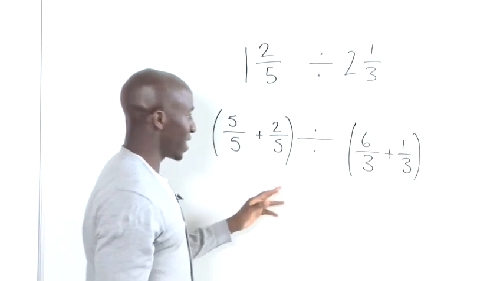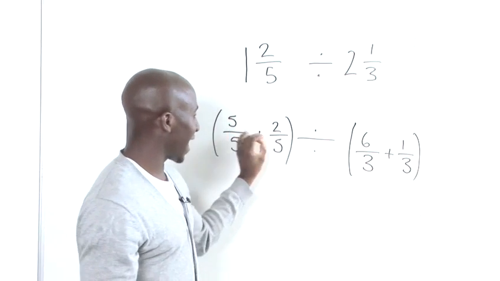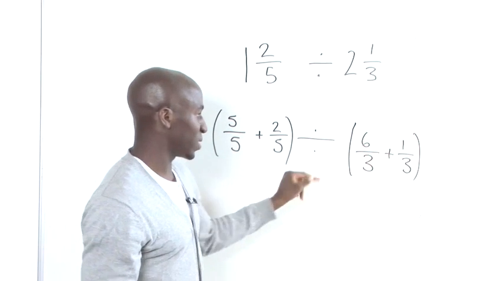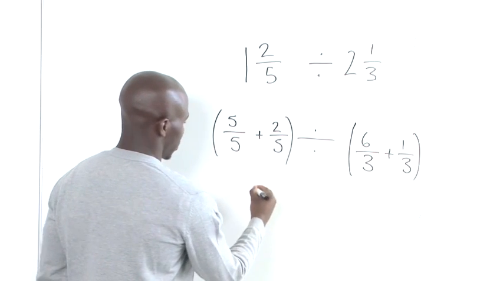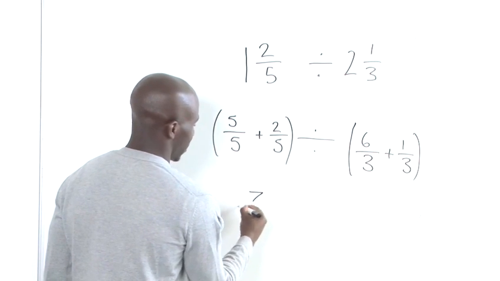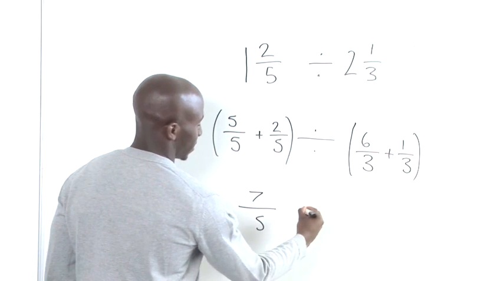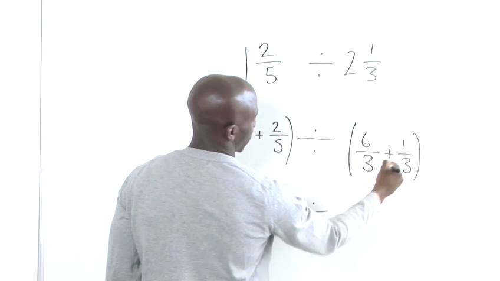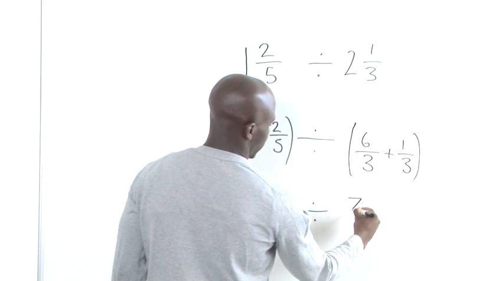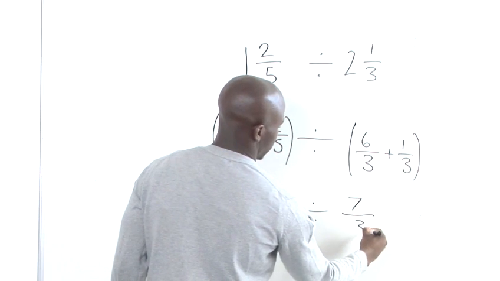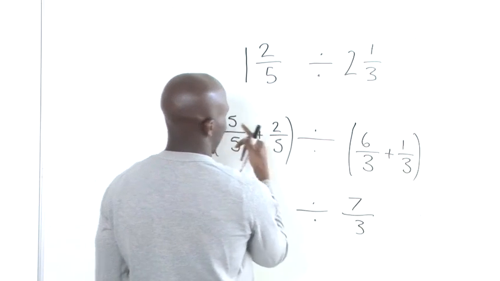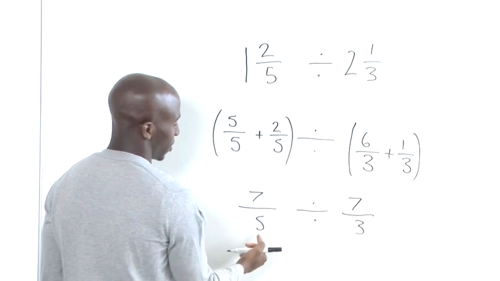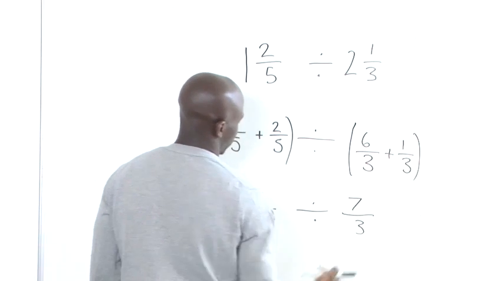Okay, so now we can just add the tops to the tops and then just write the denominators. So for this, we have 7/5 divided by 7/3. We've added the tops here, and then written the denominators for both fractions.